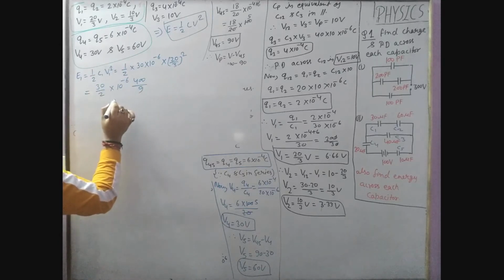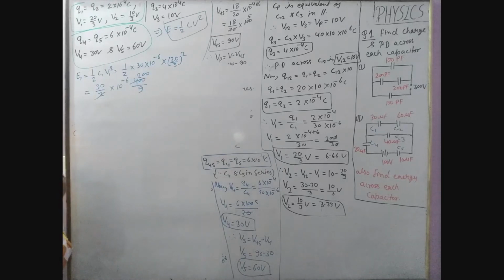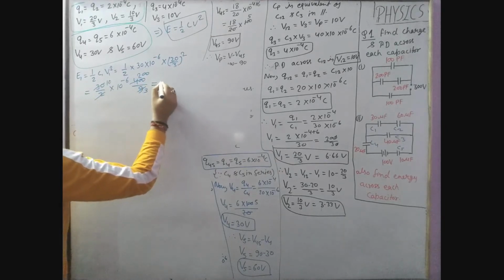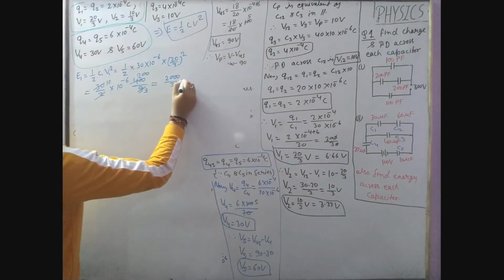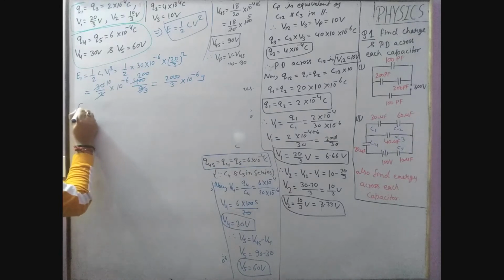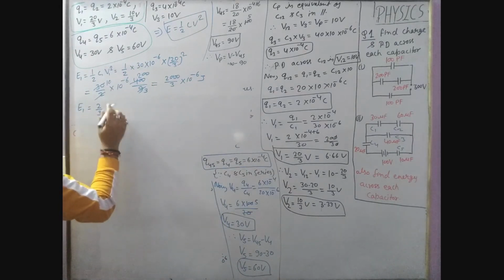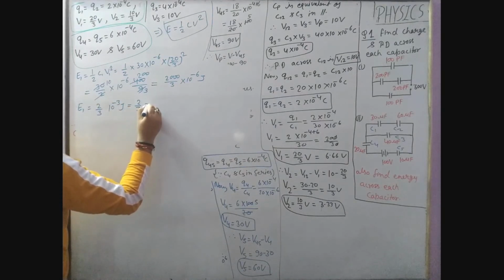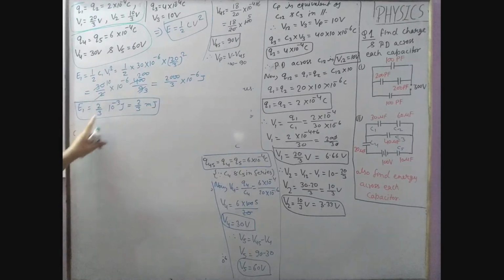This cancels, and you will get 2000 upon 3 into 10 to the power minus 6 joule, which means E1 is equal to 2 by 3 millijoule. This is the result for the first.